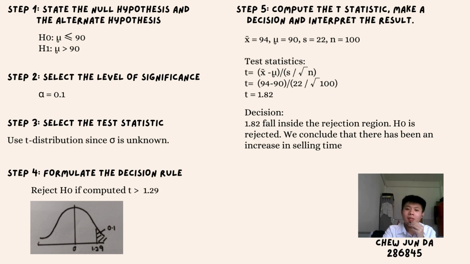Step 5, sample mean is 94, population mean is 90, sample size is 100. We use the formula of the T statistic and get the answer 1.82. For the decision, 1.82 falls inside the rejection region. H0 is rejected. We conclude that there has been an increase in selling time.